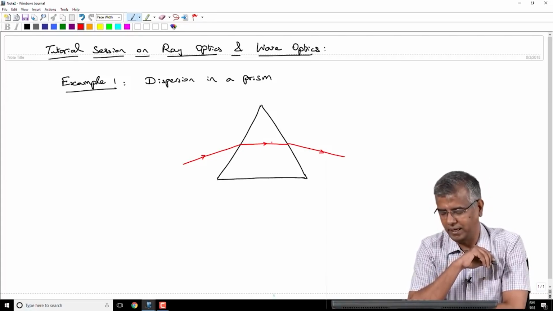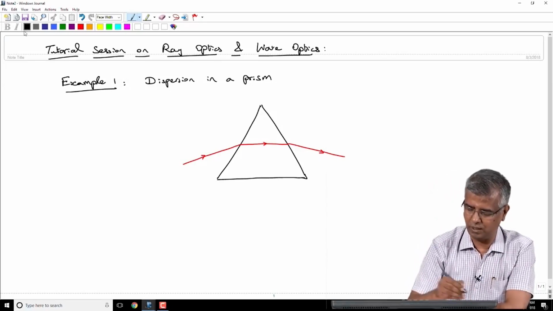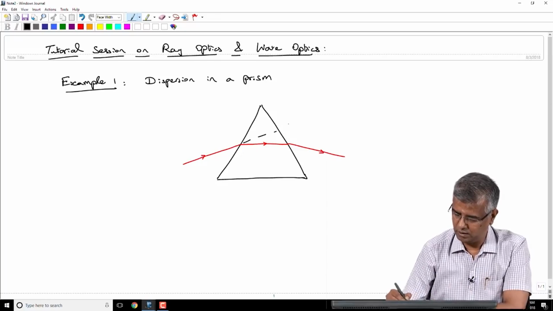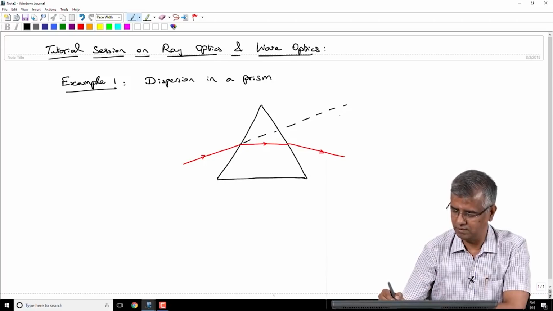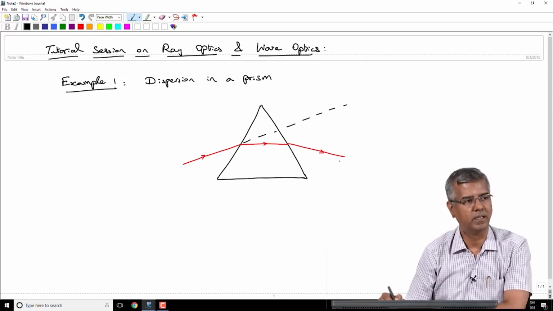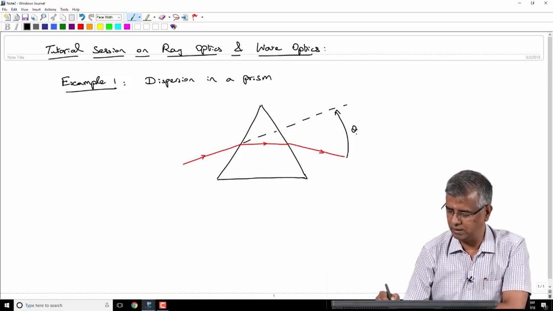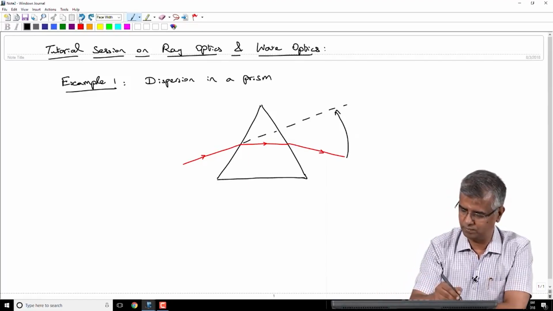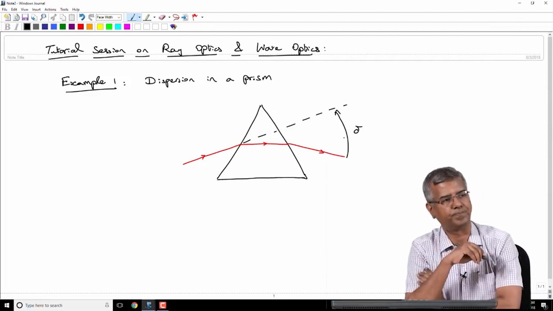What we are asked is to figure out: if it had gone straight, it would have ended up there, but instead it got deflected over here. So what we need to figure out is this angle, which I'll represent as delta.